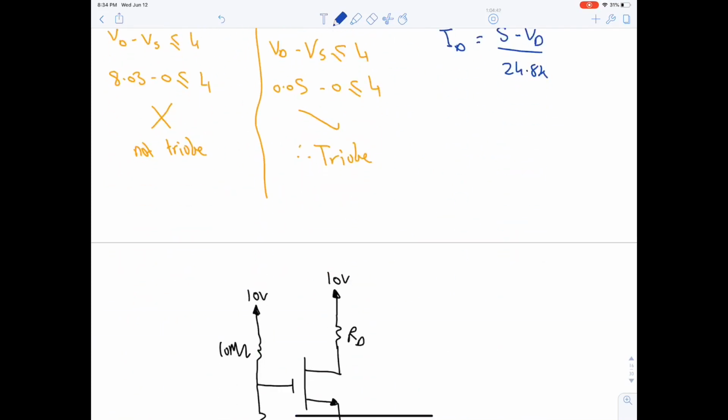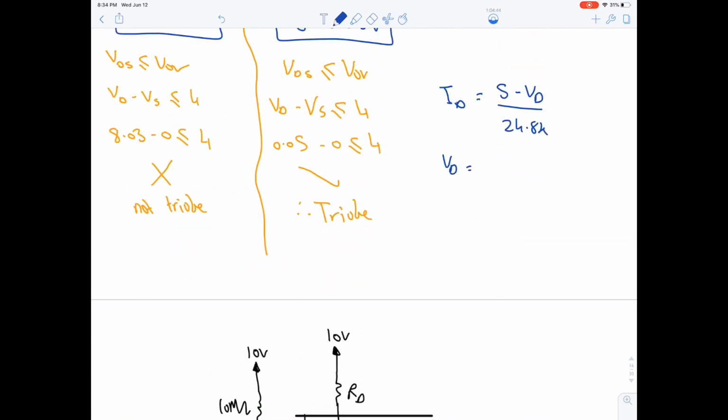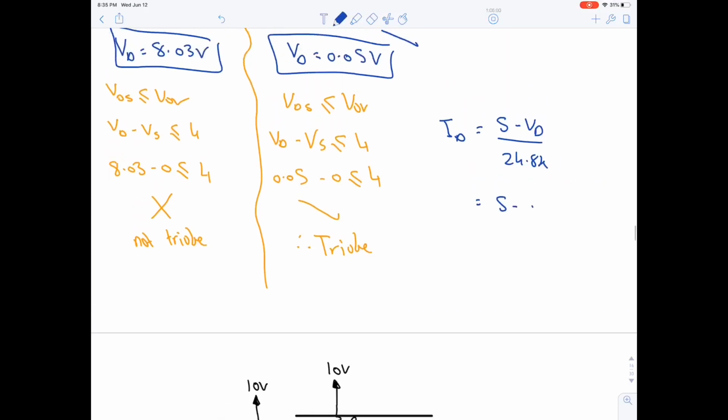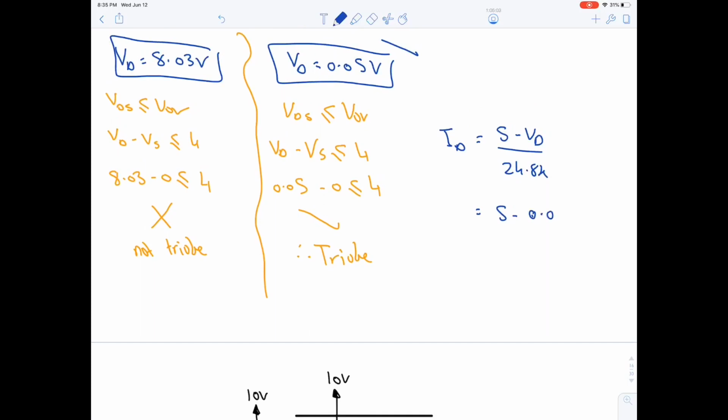Okay, so now VD is equal to what? 5 minus 24.8K multiplied by 0.05, and this will result in 0. Actually, we want the ID. What am I doing? It's 5 minus 0.05 divided by 24.8K. This will give us 0.2 milliampere.